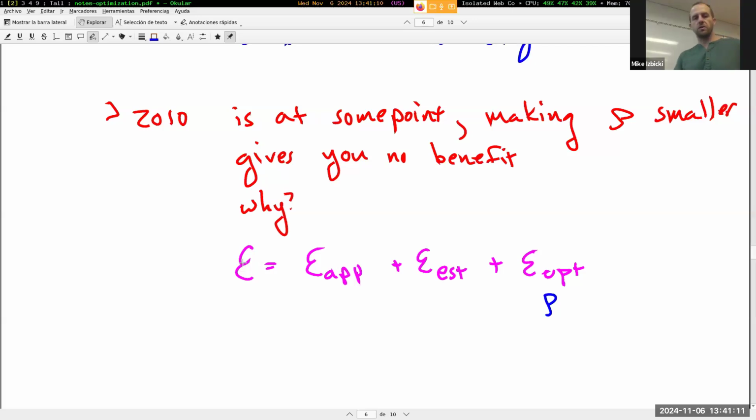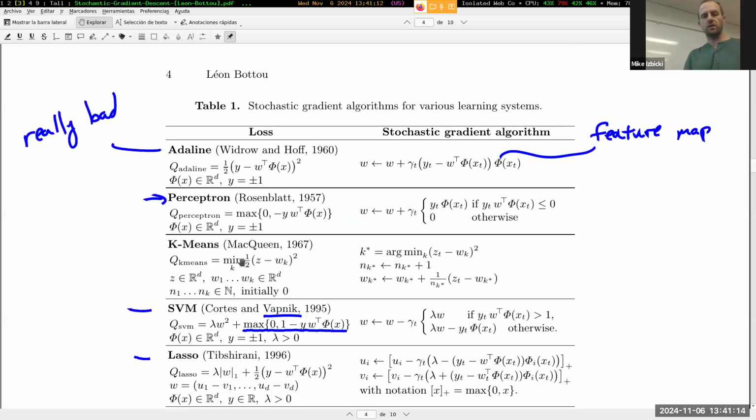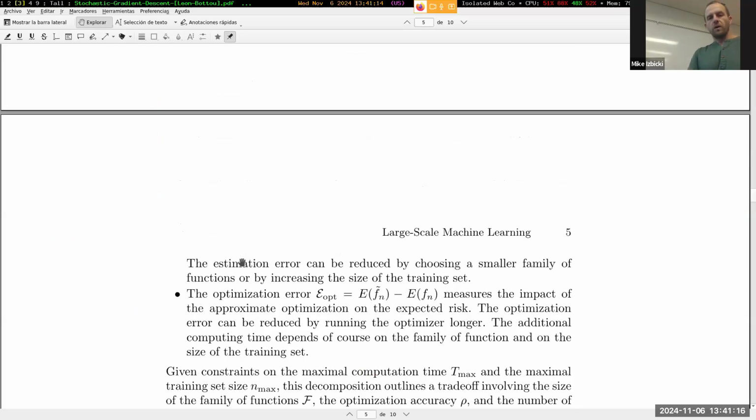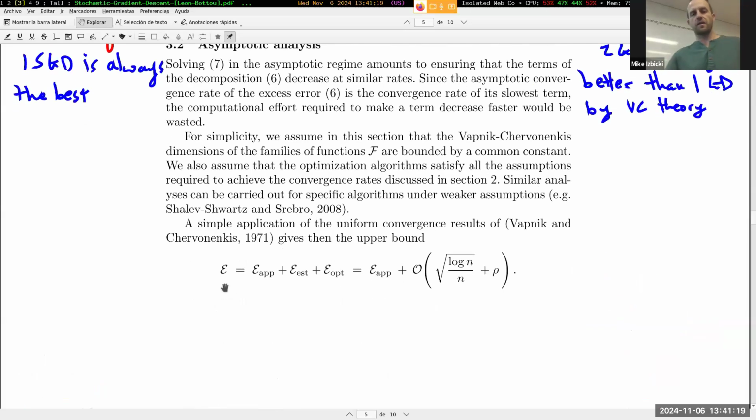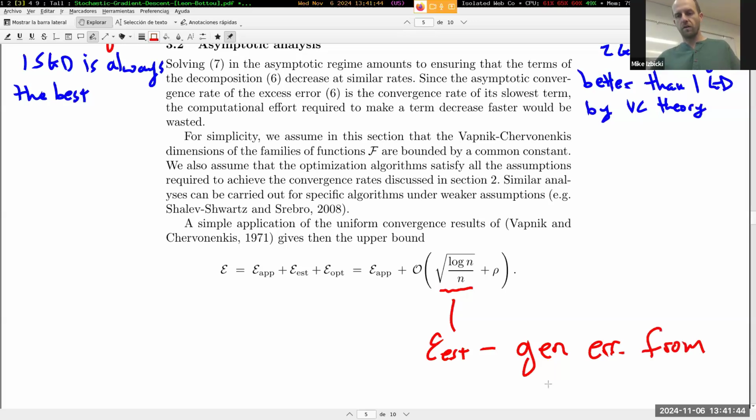So Leon Bottou, down here in 3.2, what he's describing is that with this formula, plugging in the rho for the optimization error, this term right here is that estimation error. It's the VC dimension bound, the generalization error from VC dimension.